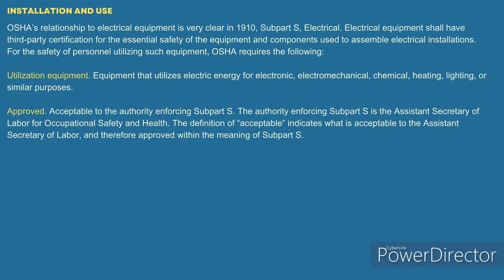The definition of acceptable indicates what is acceptable to the Assistant Secretary of Labor and therefore approved within the meaning of subpart S. So if they're looking at these different methods of approval of equipment, in my opinion, at this point, even the Assistant Secretary of Labor accepts the listing and labeling, or what I'd call third party certification.